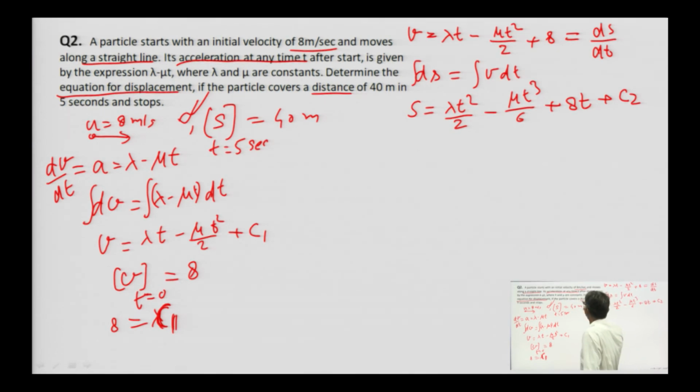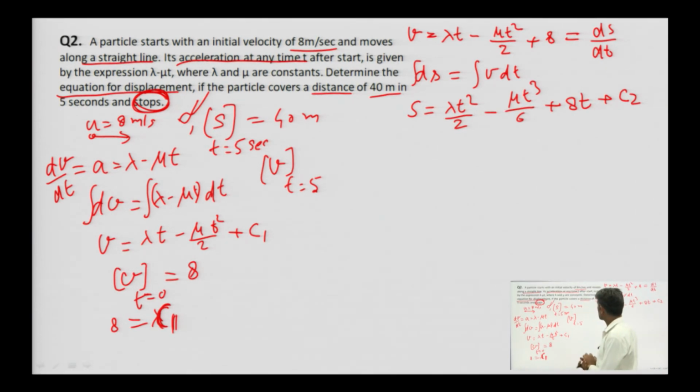If the particle covers a distance of 40 meter in 5 seconds and stops, it is also mentioned, so one boundary condition is also there. That boundary condition is: stops. Stops means V at t is equal to 5 is zero.